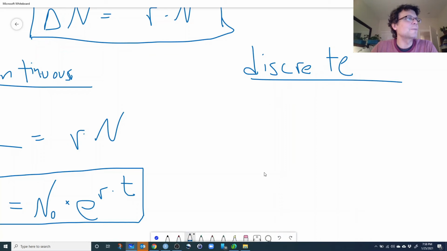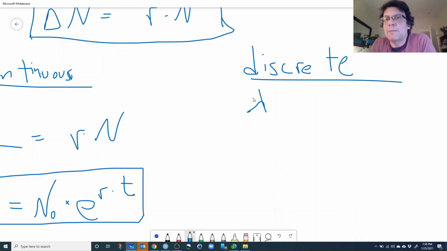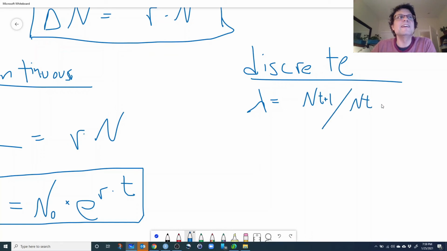There's this term called lambda, which is called the finite rate of population growth, or the discrete rate of population growth, and it represents the population at time t plus 1 divided by the population at time t, which is basically the number that you have to multiply the abundance at time t by in order to get the abundance at time t plus 1. It's just a multiplier.